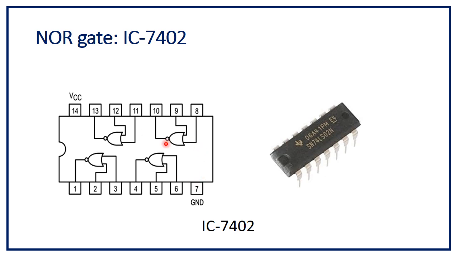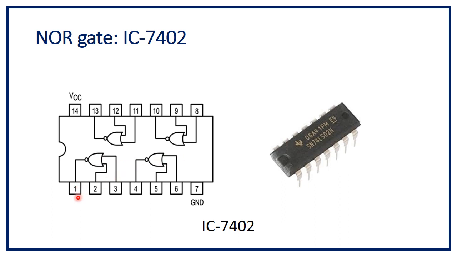The IC number here is 7402. Again, it is a 14 pin IC. Pin number 1 to 7, 7 is ground and 14 is VCC. This IC again has 4 logic gates. We can say 4 NOR gates in a single IC. Here, just see, in this IC the pin numbers of input and output are changed.